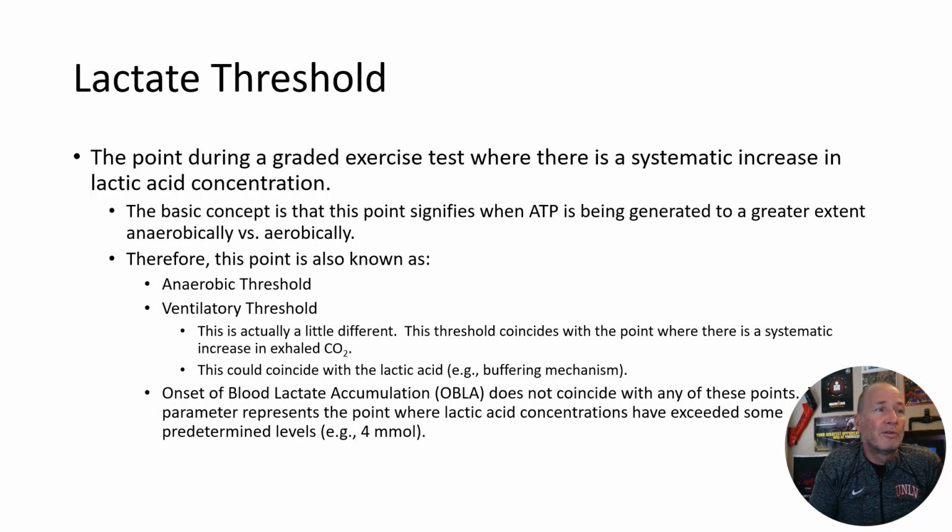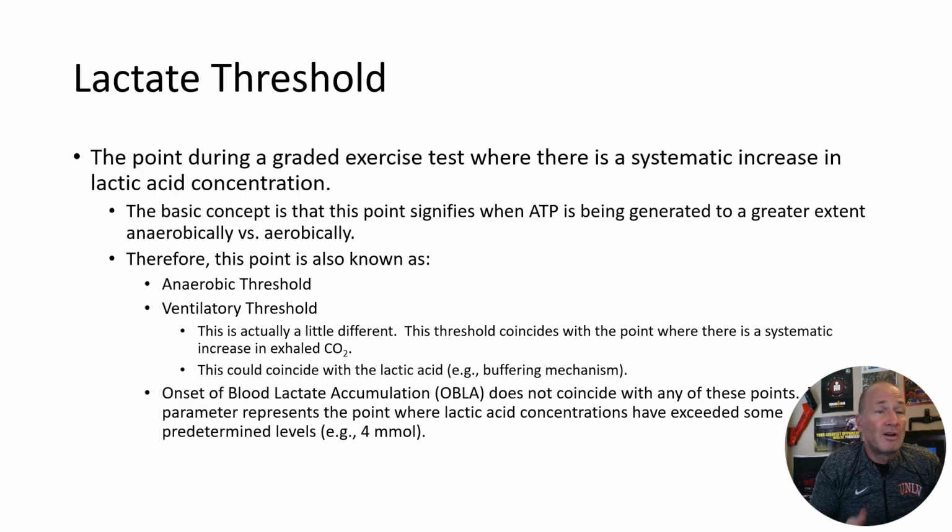And it is the point during a graded exercise test where there's a systemic increase in the lactic acid concentration, how much lactate is in your blood. The basis of this concept is that this point signifies when ATP is being generated to a greater extent anaerobically versus aerobically. All right, I'm going to spend a little bit more time on explaining that statement.